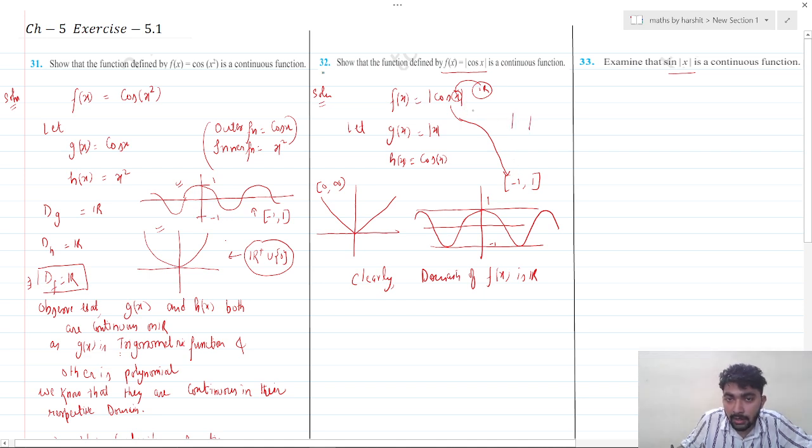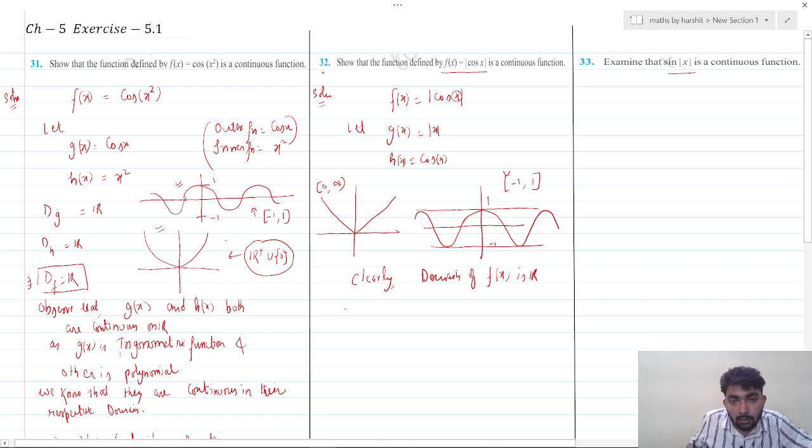Mod is defined on complete R, so we are getting output corresponding to all these elements also. It means that for each element from the set of real numbers we get output corresponding to f of x. It means that the domain of f of x is complete R, like that we can tell.